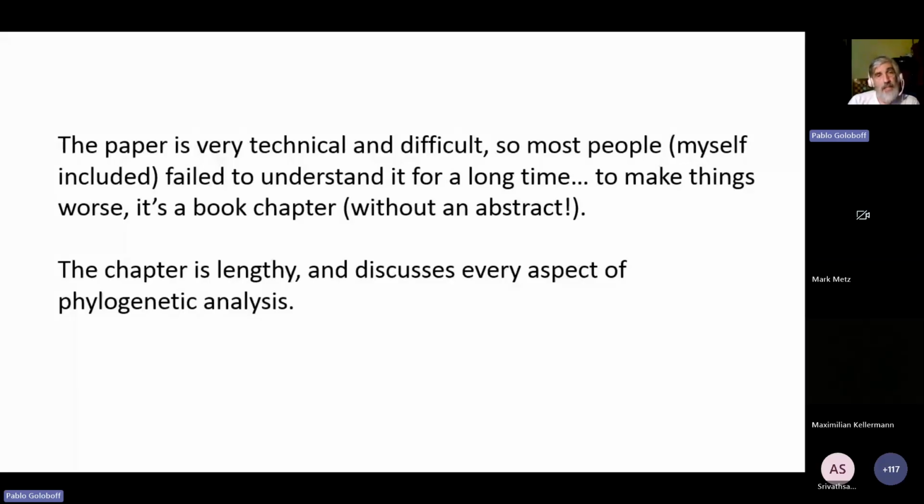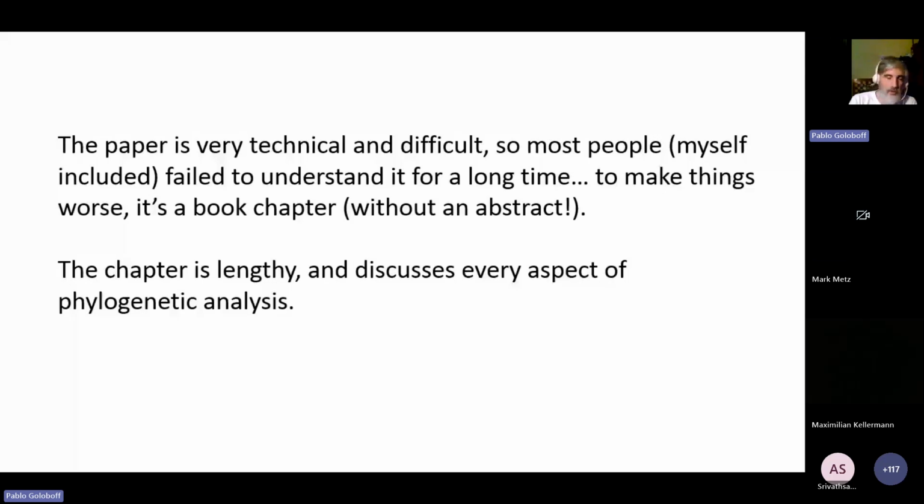Delaet's paper is very technical and very difficult. Most people, myself included, failed to understand that paper for a long time. So it is a paper that did not have a very strong impact in the field, especially in practical terms. And it's mostly because people were actually missing the implications of what Delaet was saying. And to make things worse, the paper is a book chapter. It doesn't have an abstract.